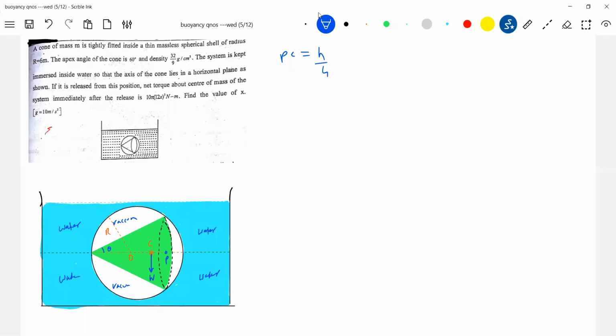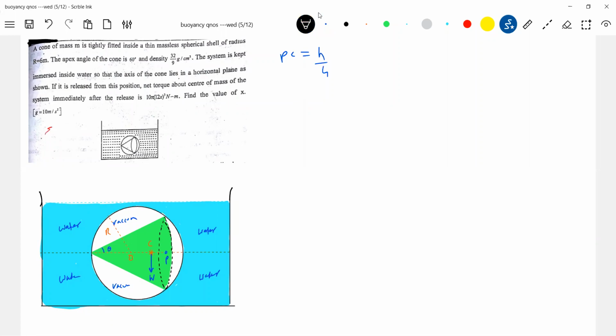The spherical shell has a radius, how much has he given? 6 meters. So we should calculate the cone height here. The radius of the shell is given. First of all, let me directly come to this one.